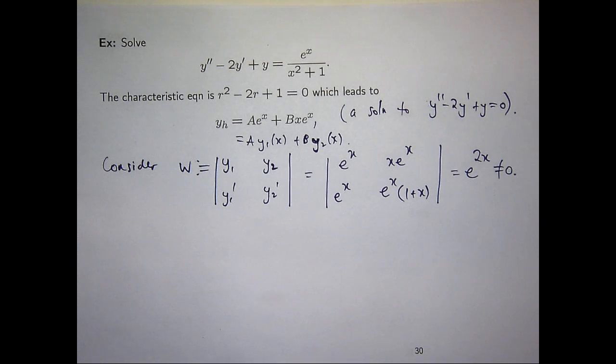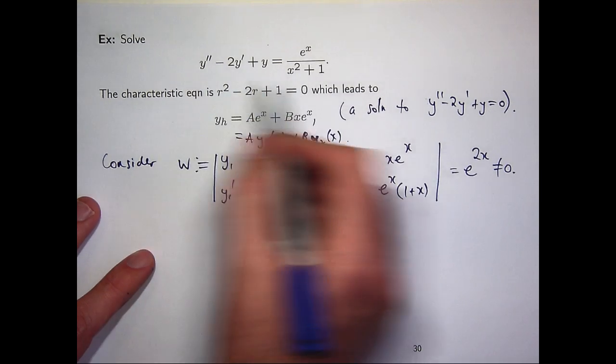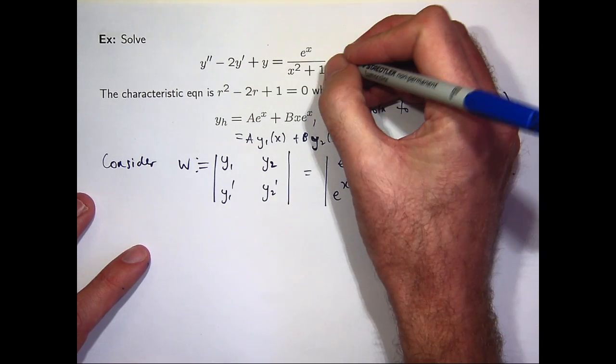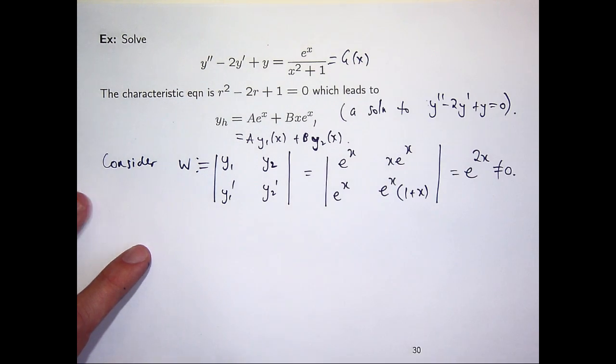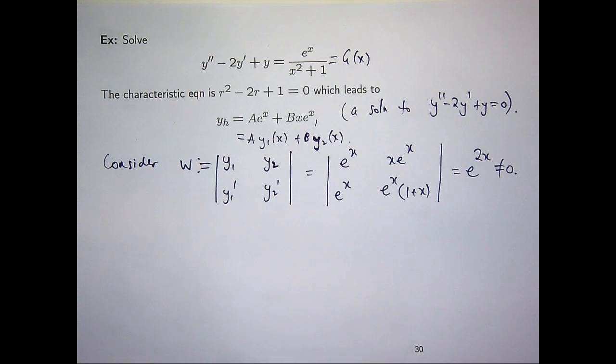Okay, so now let's build a particular solution to this problem. Our right-hand side, say g of x, is e to the x over x squared plus 1.